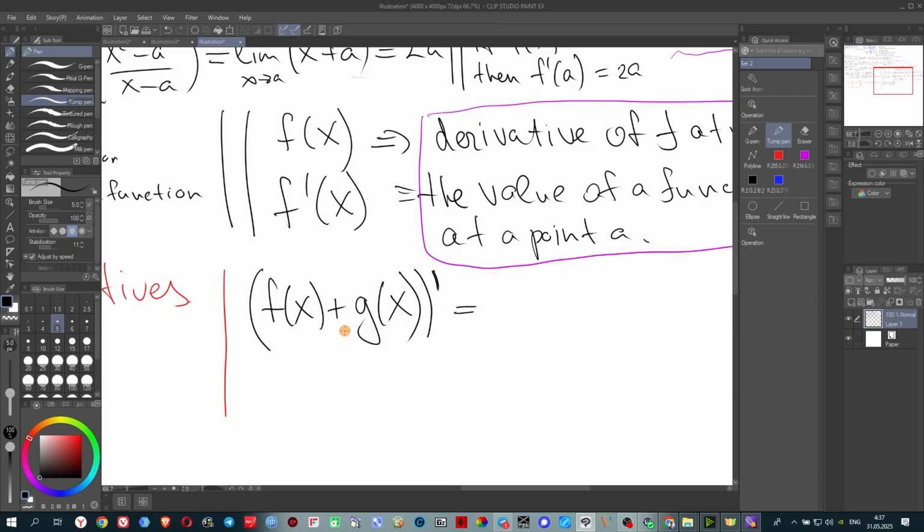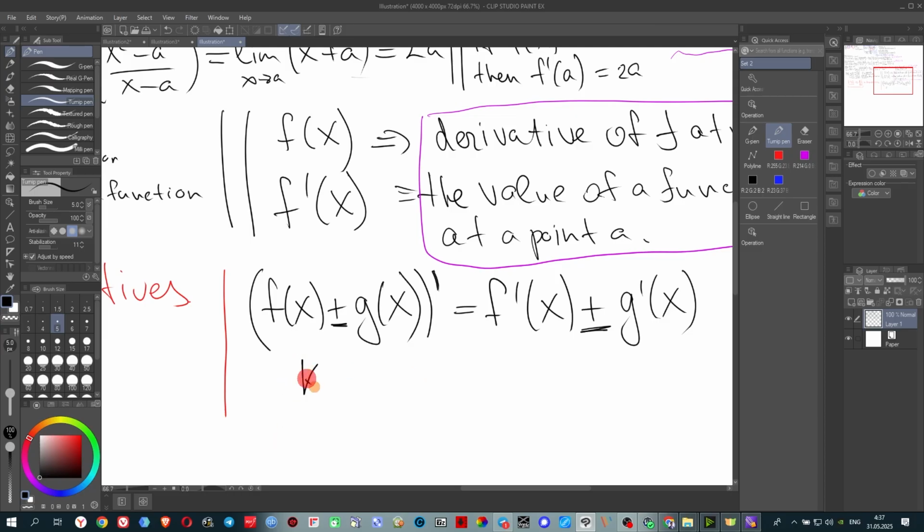Yeah, of course. So there is a formula that the derivative of a sum of functions is the derivative of one function plus the derivative of another function. And of course, if there is a minus, f of x minus g of x, it would be minus here. So the derivative of a sum or a difference can be written like this. It's very clear. Just remember this formula.